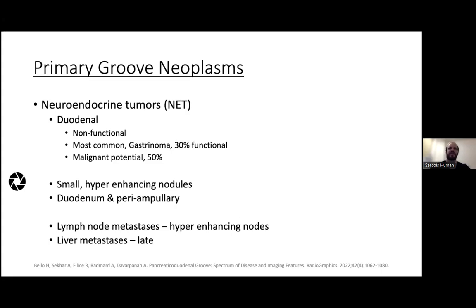When one finds isolated hyperenhancing nodes in the pancreaticoduodenal groove, it may represent metastatic neuroendocrine tumors. What I'm trying to say is, when one finds hyperenhancing lymph nodes which are isolated in this groove, one should be looking for a neuroendocrine tumor in the gastrinoma triangle.